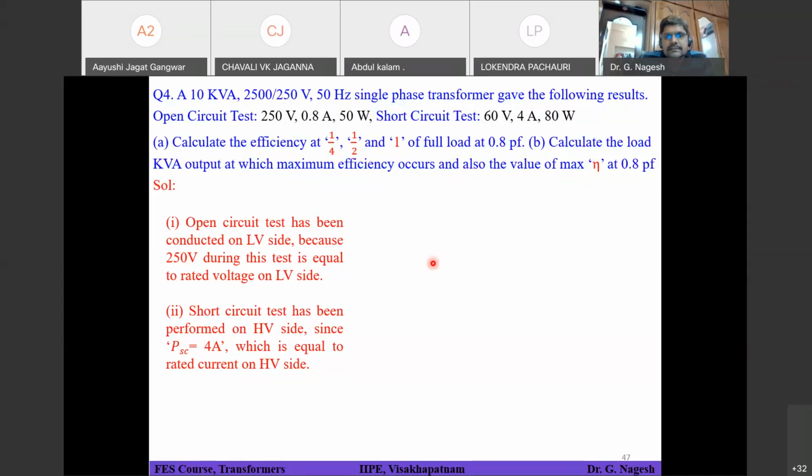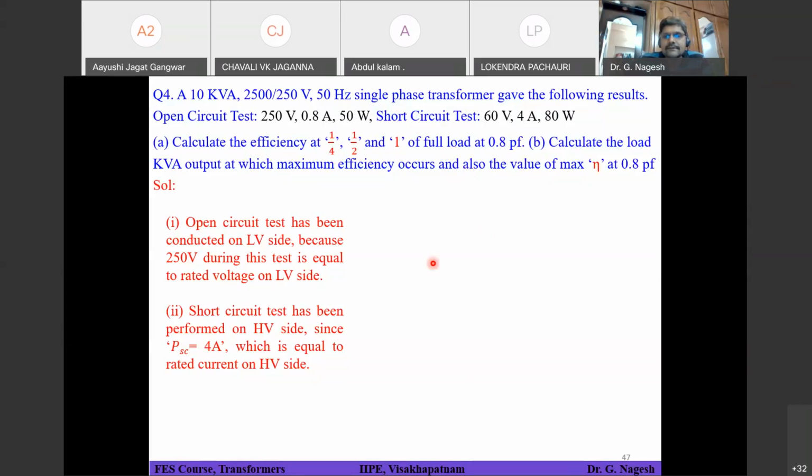Try to do that: calculate the efficiency at 1/4 of full load and 0.8 power factor. How to do it?